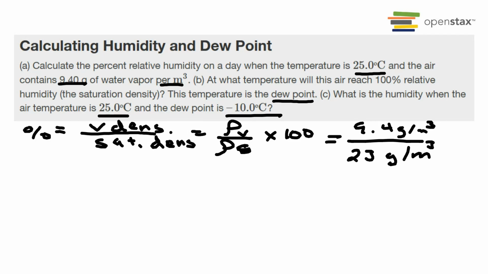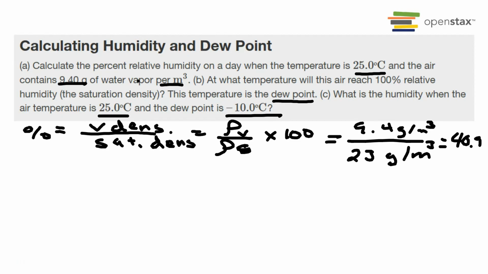For every cubic meter of air, the top number, 9.4, means that the air holds 9.4 grams of water. But at 25 degrees Celsius, the maximum amount of water that a cubic meter of air can hold is 23 grams. So this is how you figure out your percentage of humidity. If I do the math on this, I end up with 40.9%. All right, so that is part A.